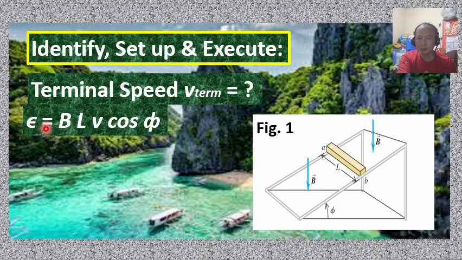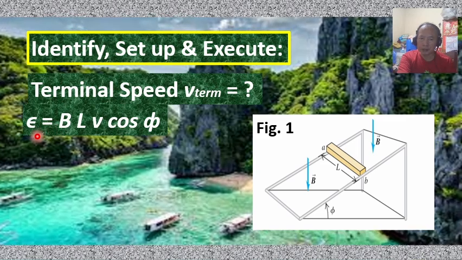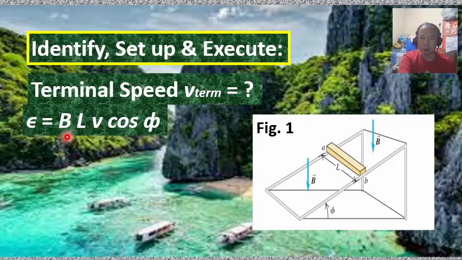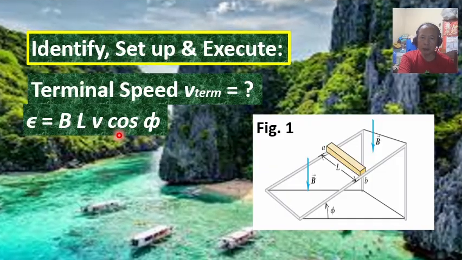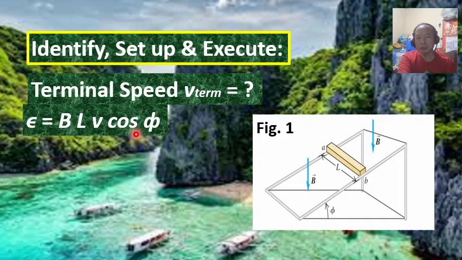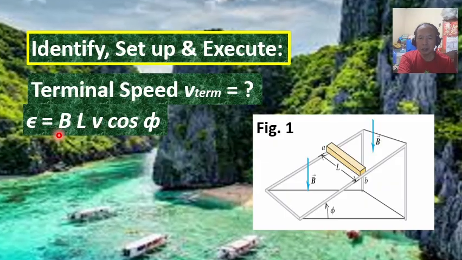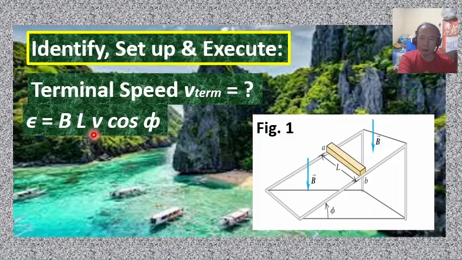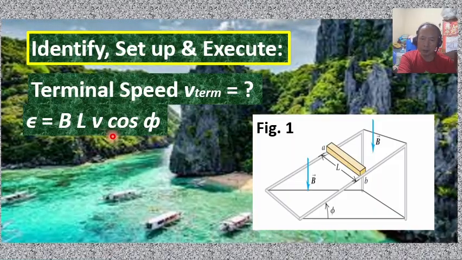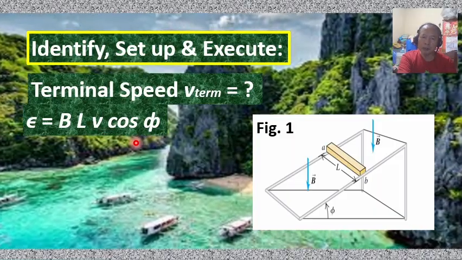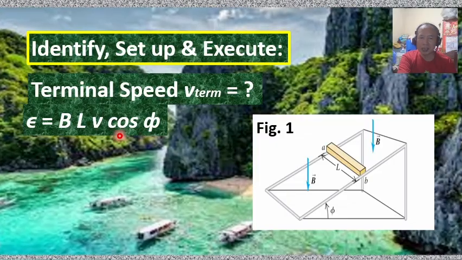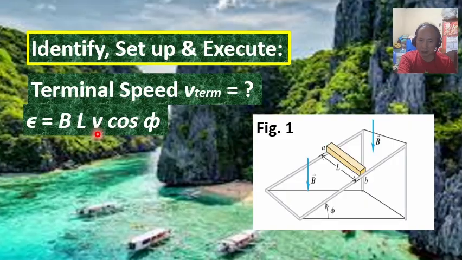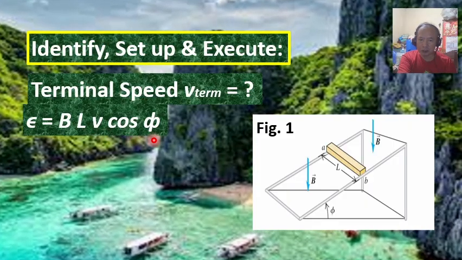So this motional EMF, or induced EMF, and we are talking about the magnitude, is just equal to the product of the magnetic field, capital B, the length of the bar, and the component of the terminal speed that is exactly perpendicular to the magnetic field, and that is v times cosine of the angle phi.